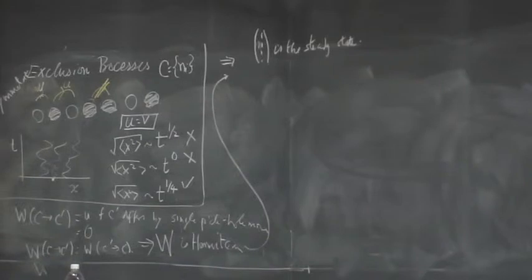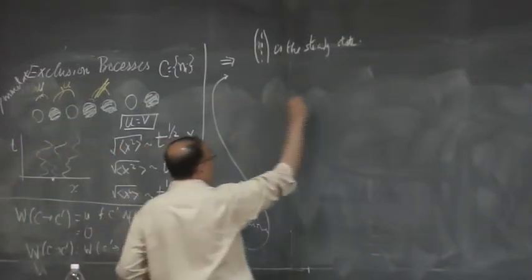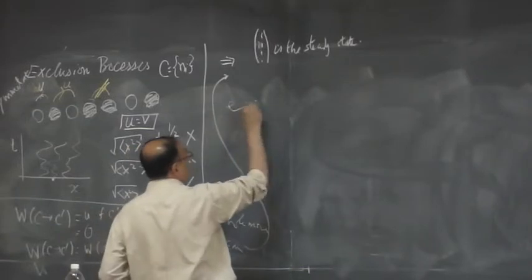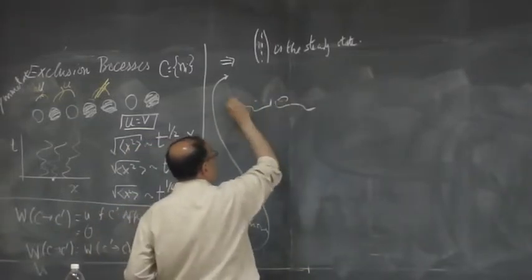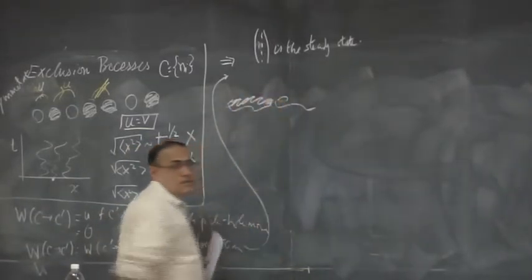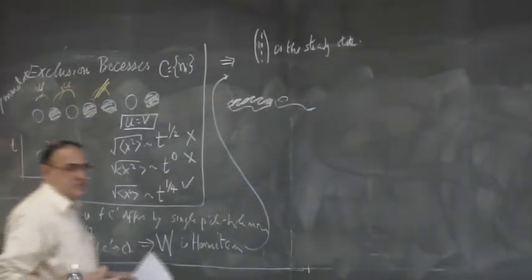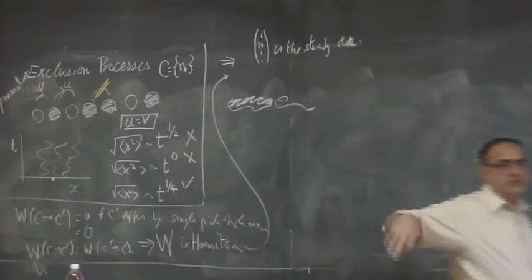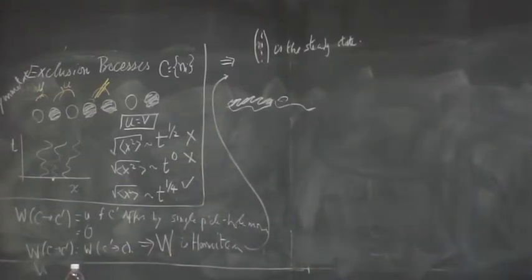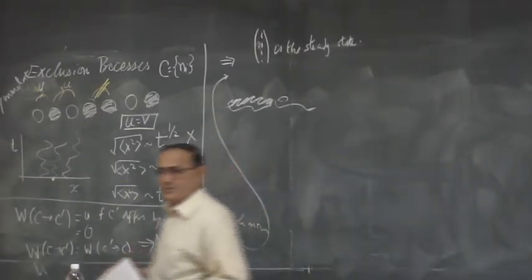So what does it mean? It means that every configuration is equally likely. It may go a bit against your intuition, because it says that if all the particles are on one side and all the holes on the other, that's as likely a configuration as everything mixed up. Intuition says, correctly, that the system should reach a state which is more or less uniform density. But this is actually true.